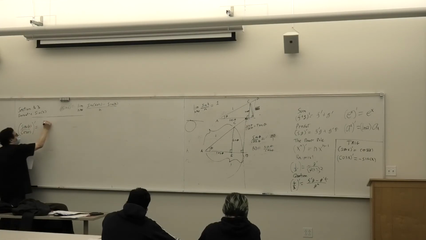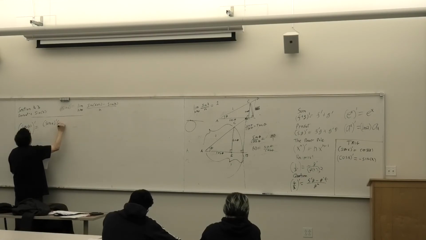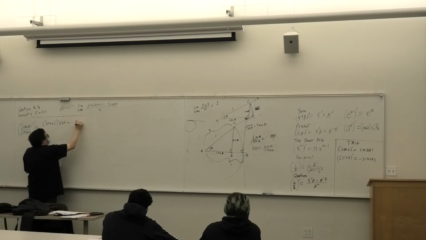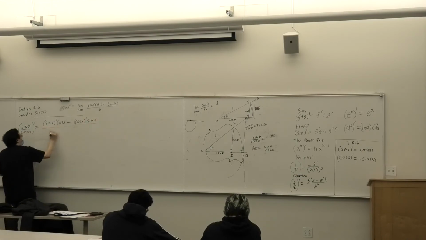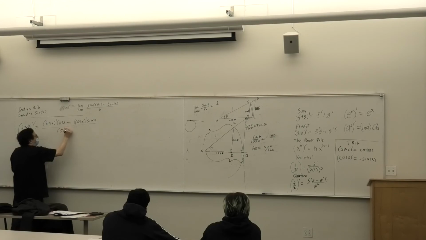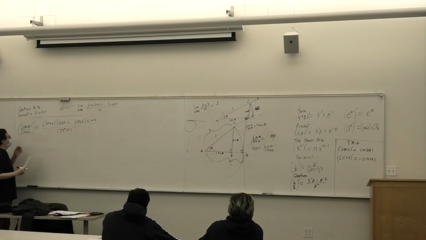So it's going to be the derivative of the sine times the cosine minus the derivative of the cosine times the sine over the cosine squared. That's the derivative of the tangent.